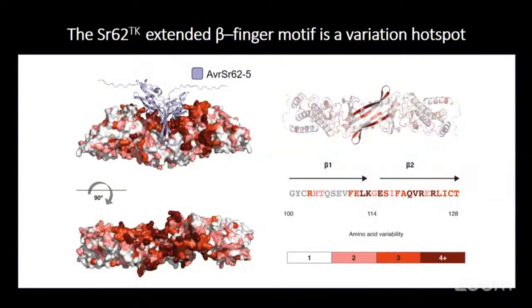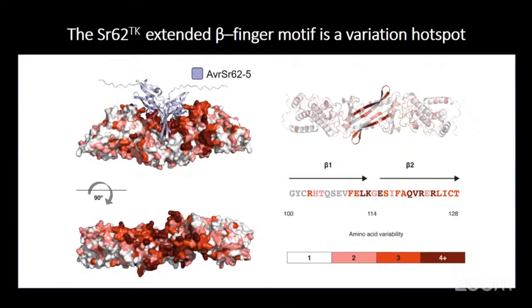And he aligned all these orthologs with each other and was able to identify regions of the protein that are subject to natural variation. And when you project that natural variation onto the AlphaFold generated 3D structure of the wheat tandem kinase, which is shown here as a homodimer, what is really interesting to see is that the hotspot of variation occurs where the effector is binding.